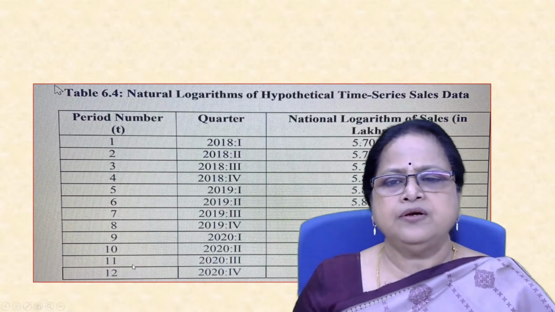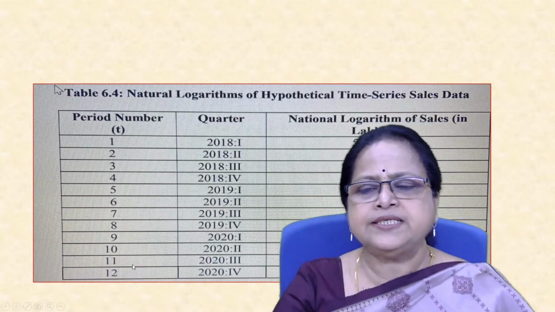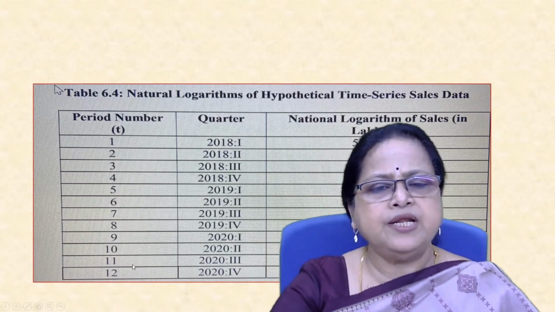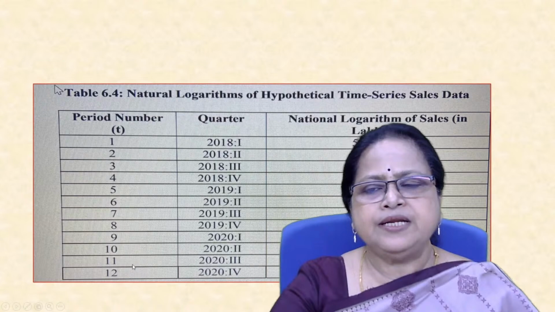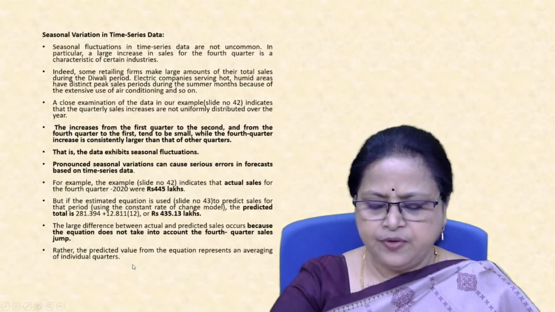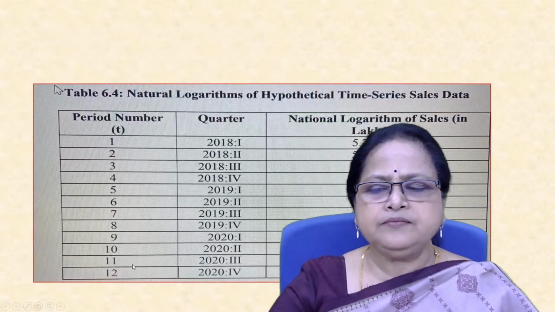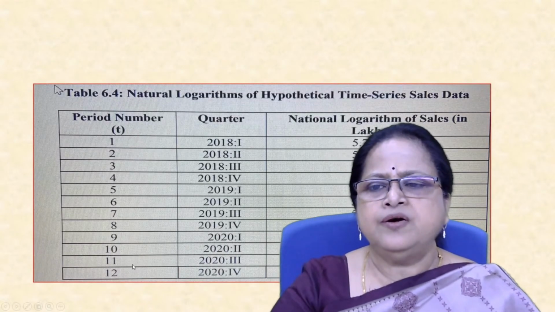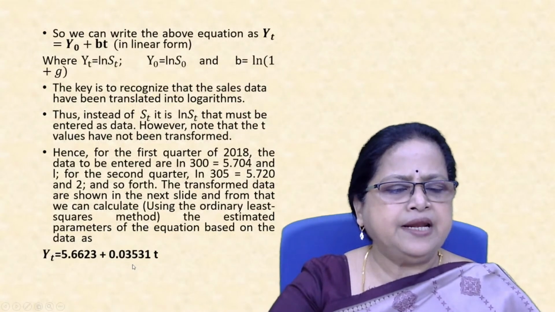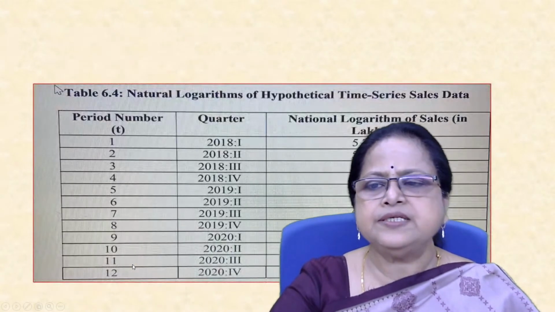This is the natural logarithm of the sales of each quarter. You take the natural logarithm of the sales, then you get this one, ln S_t.